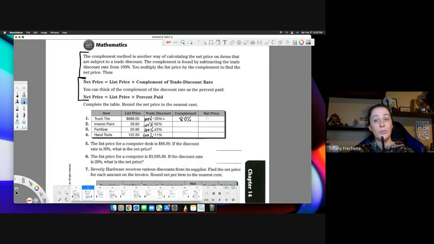Before, in section 14.1, we had to multiply the list price by the trade discount, and that told us how much we could take off. And then we had to go back and subtract it to know what our net price was. So it saves you a step there. You don't have to subtract once you calculate this. So we're going to multiply the complement by the list price here.